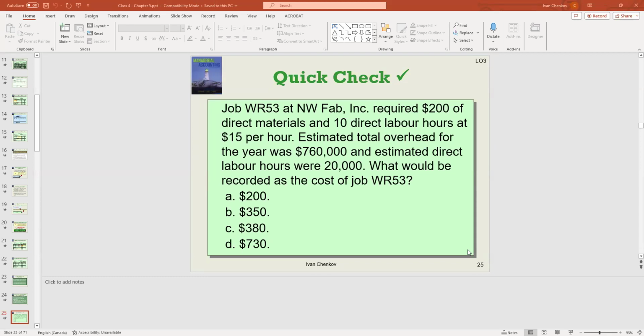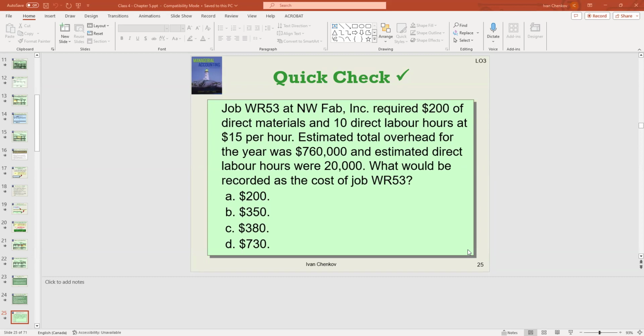Times 10. How many hours did the workers work? 10 hours for this project. 10 hours times 38, how much overhead am I going to assign? 380, right?